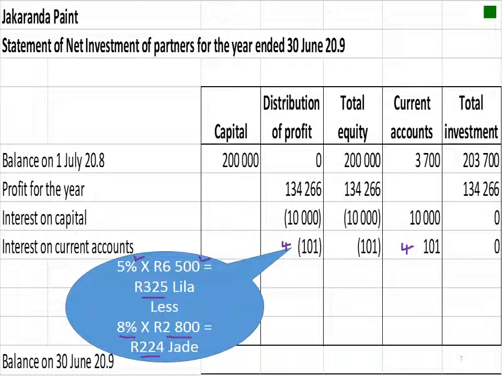But that 101 is made up of a 325 credit for Lila and a 224 debit for Jade. So you can see here that the interest comes out of distribution and gets credited to the current account, whether it's capital or current accounts that we are working out interest on.